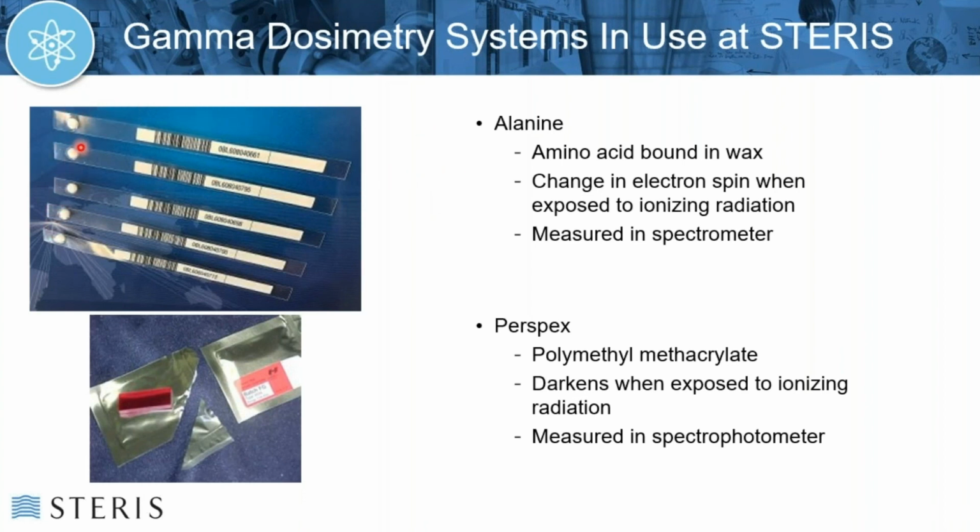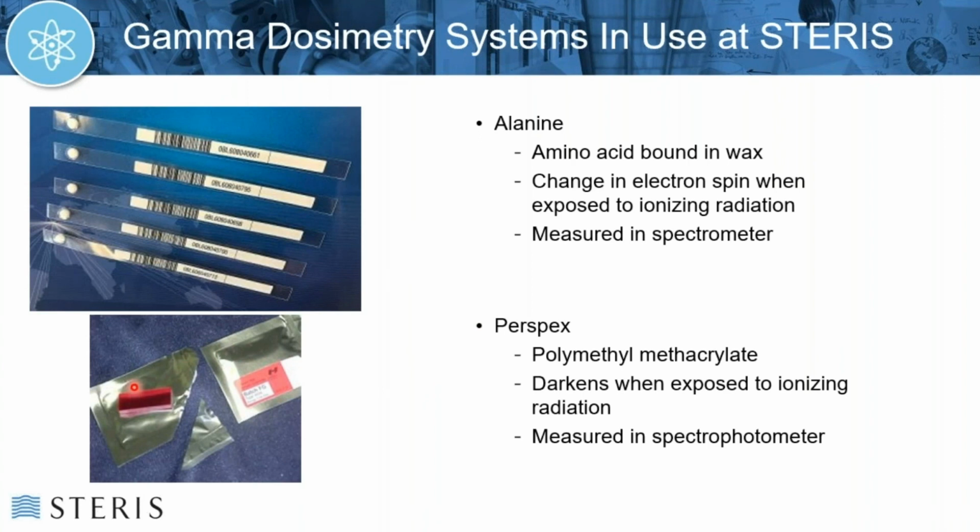You're looking at, this is an amino acid that's bound in wax. When it's exposed to ionizing radiation, there's a change in the electron spin. So it gets shot with microwaves, and we measure the difference in electron spin to see what the dose of that product was. Down here you see Perspex, polymethyl methacrylate.